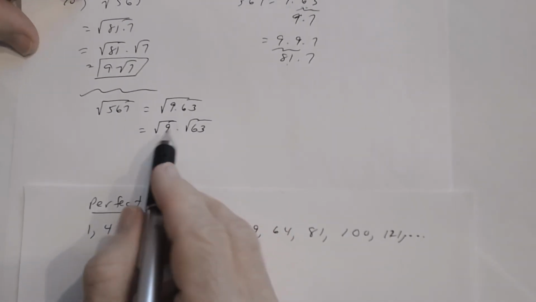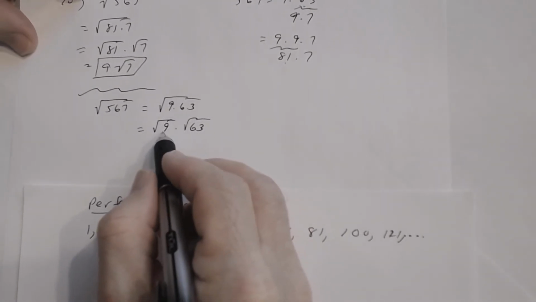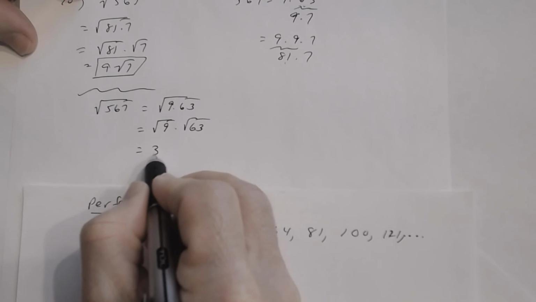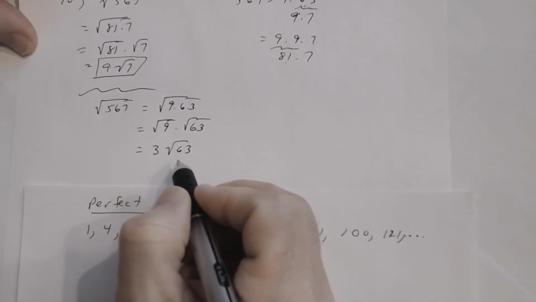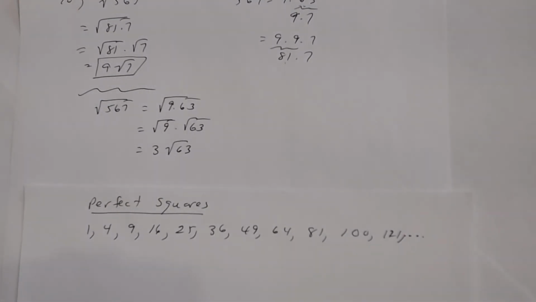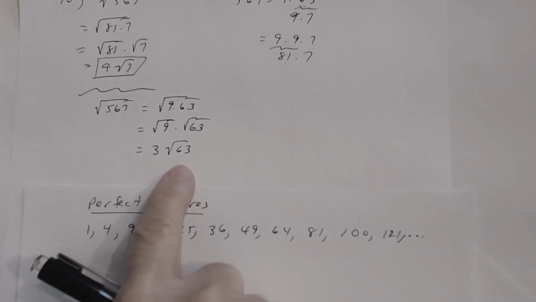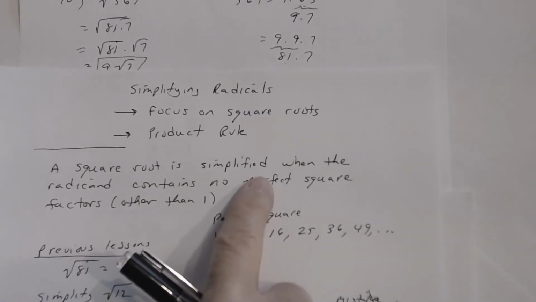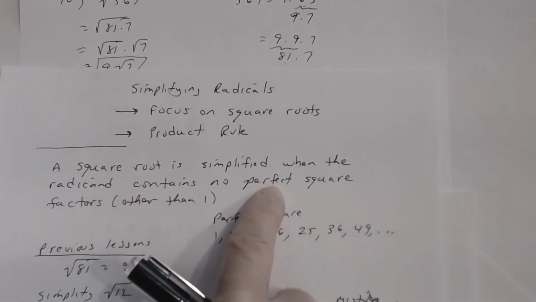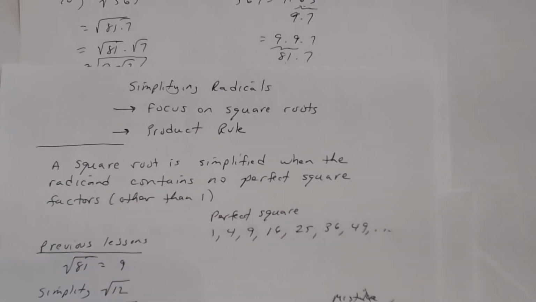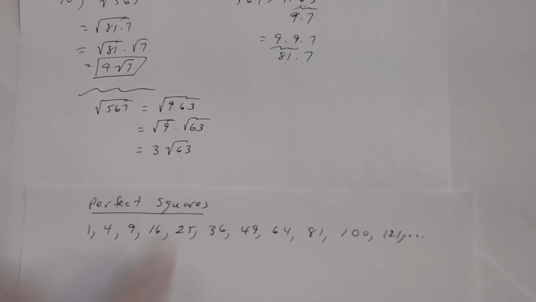And then since 9 is a perfect square, the square root of 9 is 3. But then remember, you always got to ask yourself, can the square root of 63 be simplified? So remember, you got to look to see if there are any other perfect squares other than 1 that are a factor of 63.